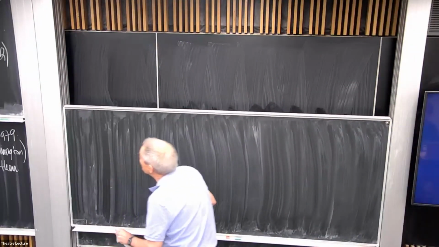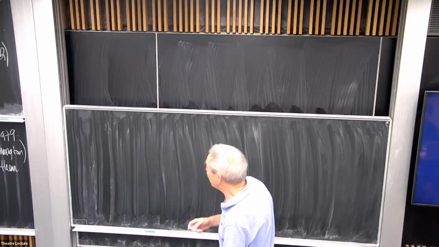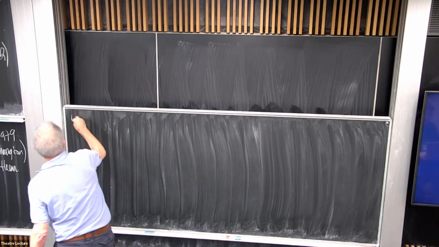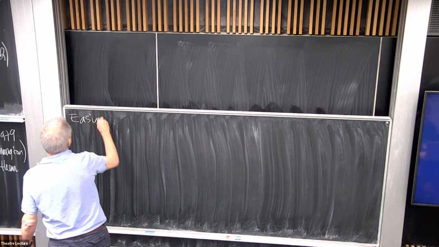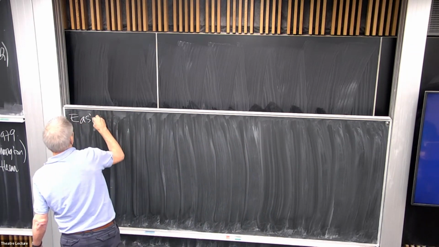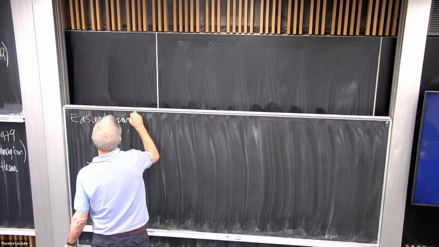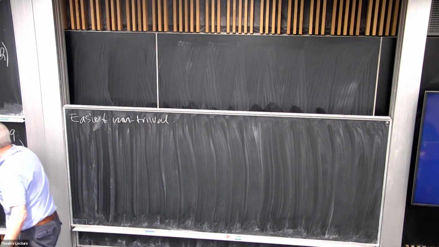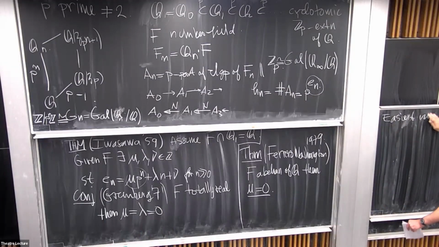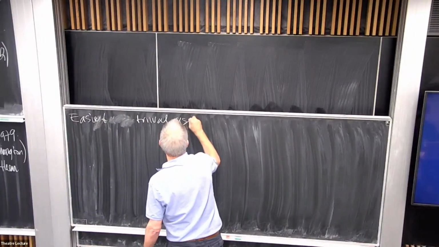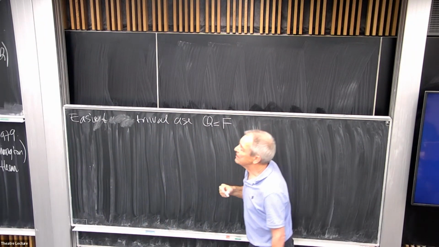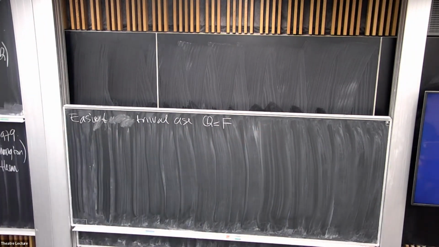Okay, now I want to report on some numerical evidence for Greenberg's conjecture. The easiest trivial case is Q. If we take F equal to Q, then it is easy to prove that all these groups are trivial.